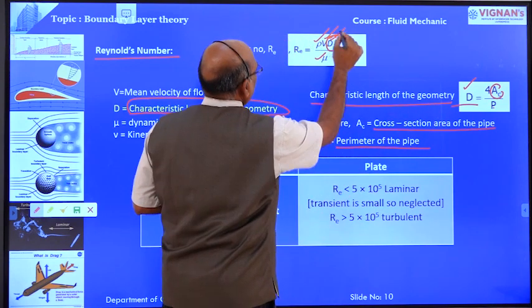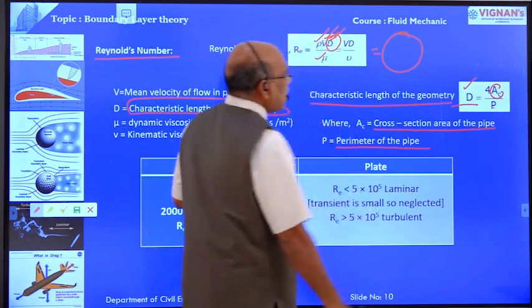If the D value is substituted here, we get a numerical value, that is the Reynolds number.